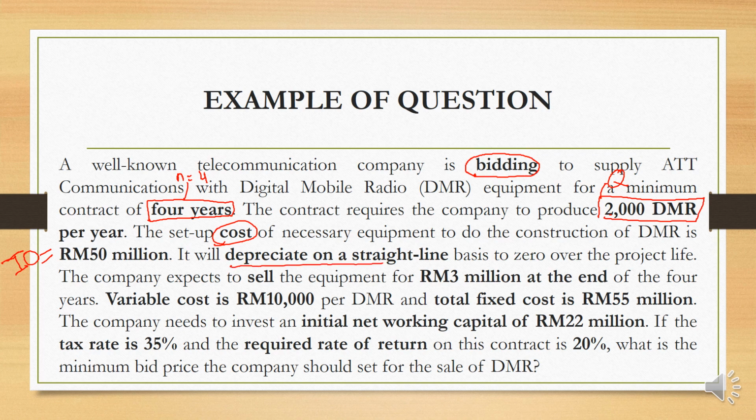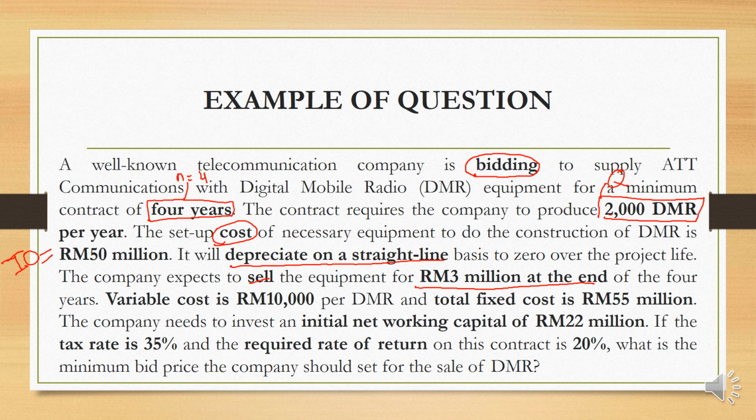Depreciate on a straight line basis, that is information regarding the depreciation value of the equipment, where based on this information, you are required to calculate the amount of depreciation. The company expects to sell the equipment for 3 million at the end of the 4 years. The selling price at the end of the maturity period is represented by salvage value.